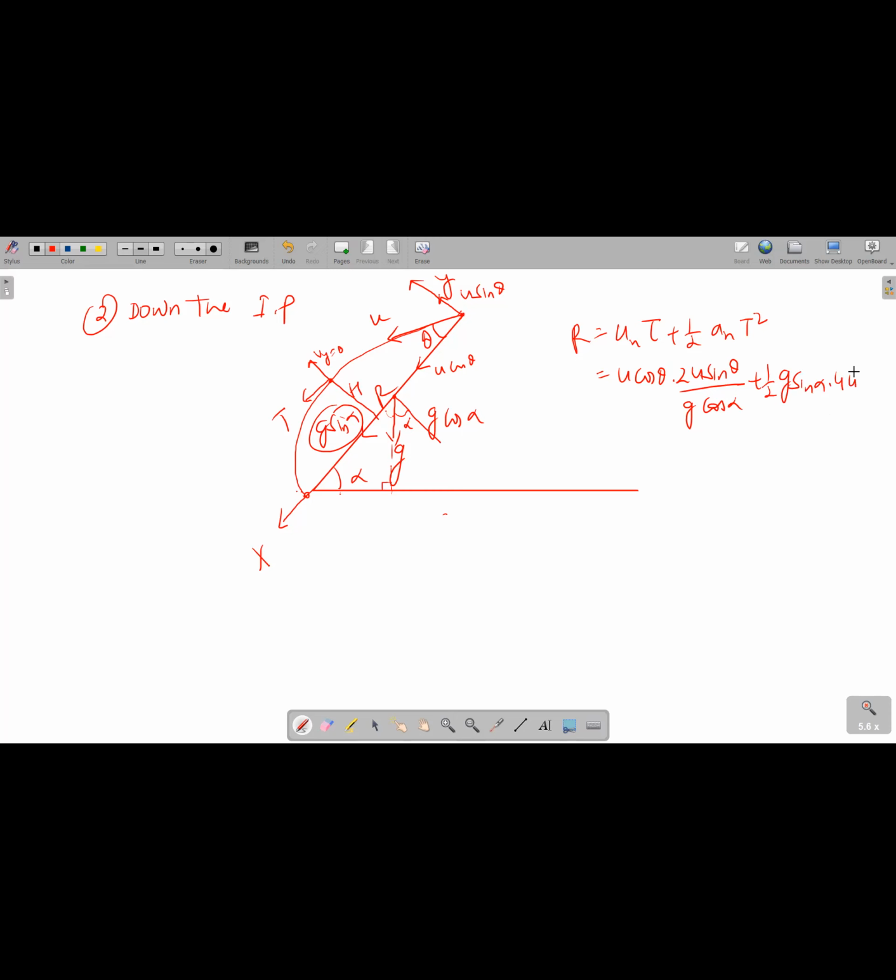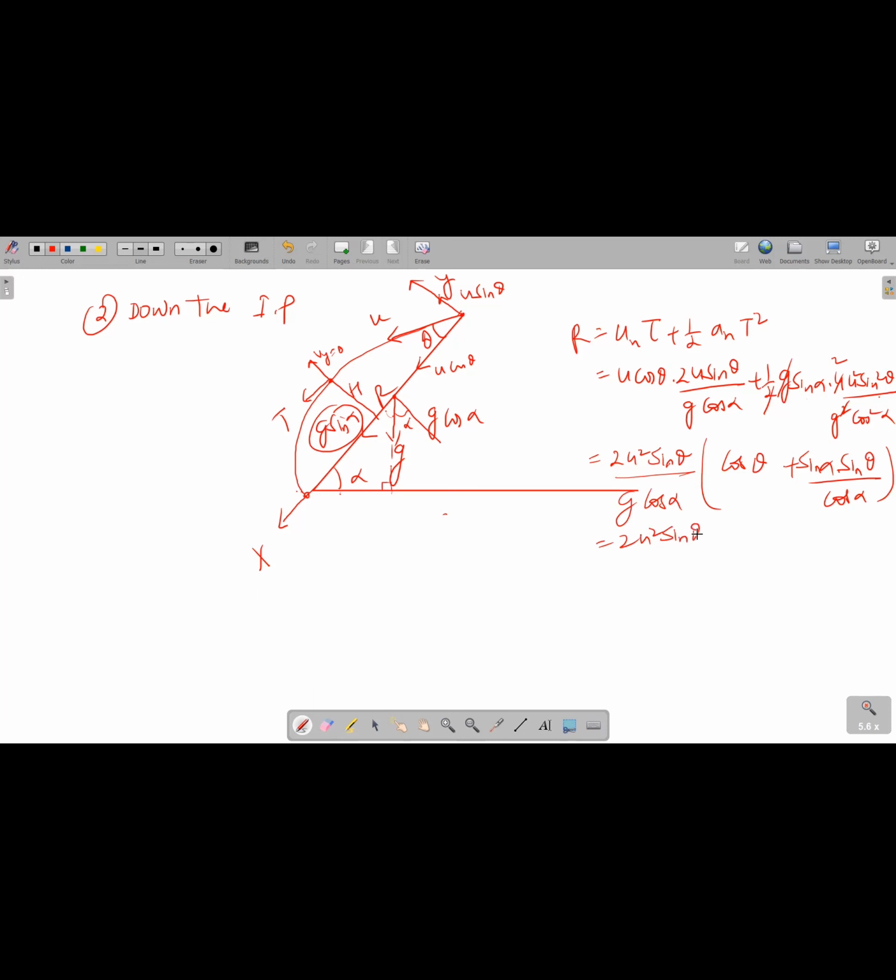t squared means 4u squared sin squared theta upon g squared cos squared alpha. So g gone, 2 gone, 2. So now it is like 2u squared sin theta, you can take common from here and here, and then g and cos alpha you can take common. So you will have here only cos theta, and from here you have sin alpha sin theta upon cos alpha.